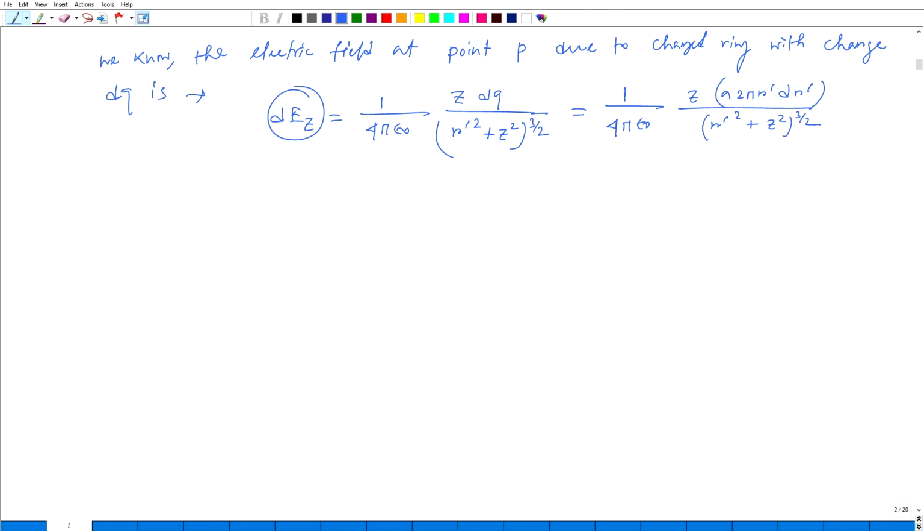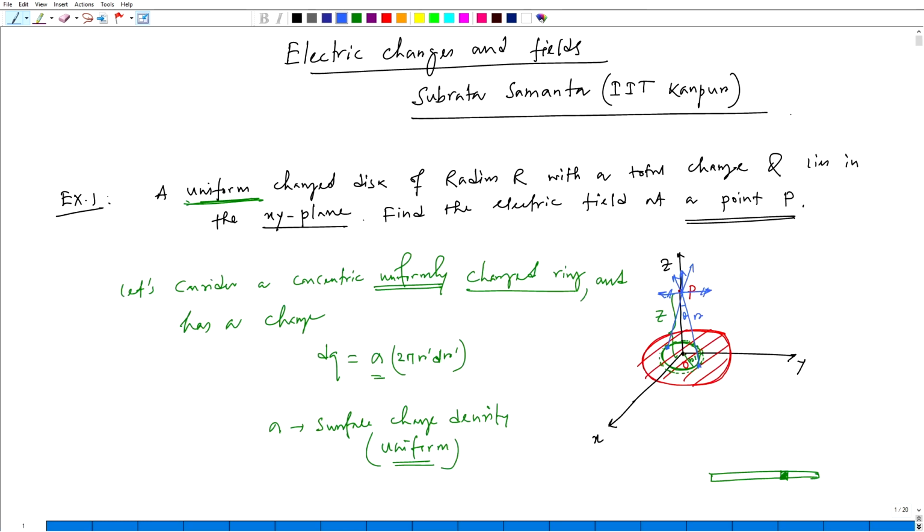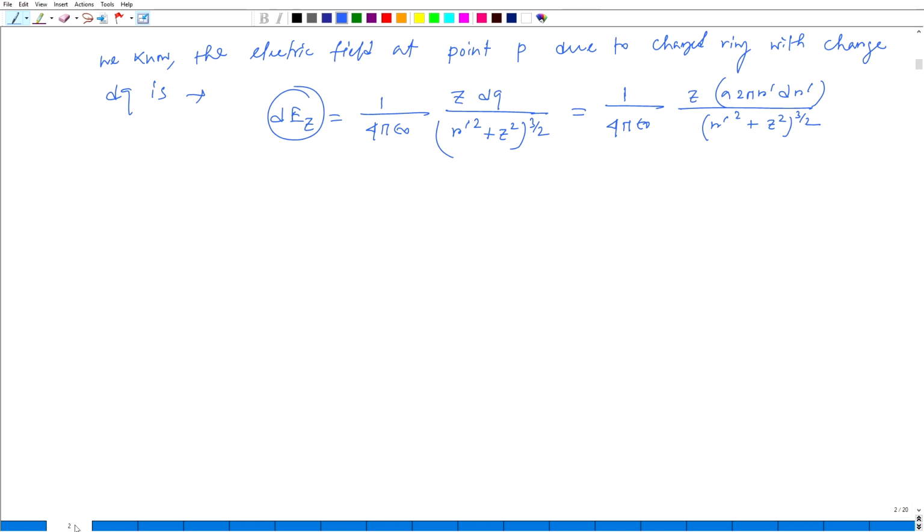So, now what is the limit of r prime? If you look at the figure, we consider a charged disc of radius r. So, this radius is r, and the limit of r prime becomes 0 to r.